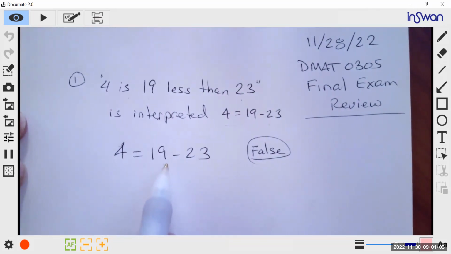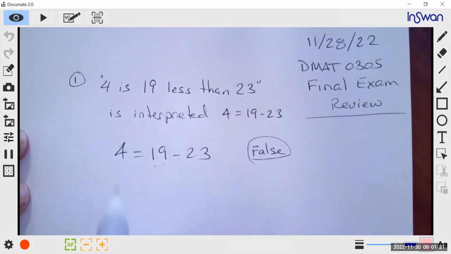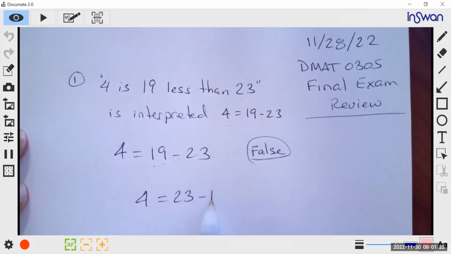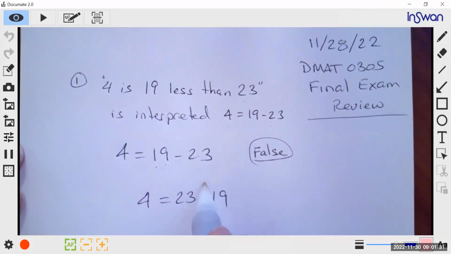What does this one say? Think of it, 19 less than 23. Does this one say 19 less than 23, or is it 23 less than 19? This is 23 less than 19, yeah. So it should be 4 equals 23 minus 19, because the minus sign is a less than.